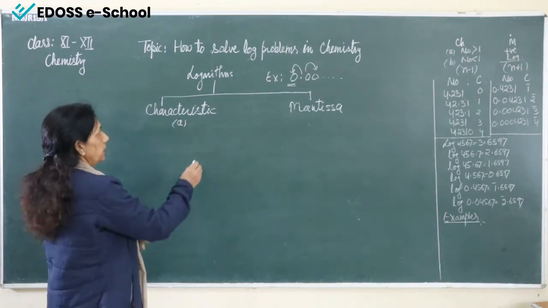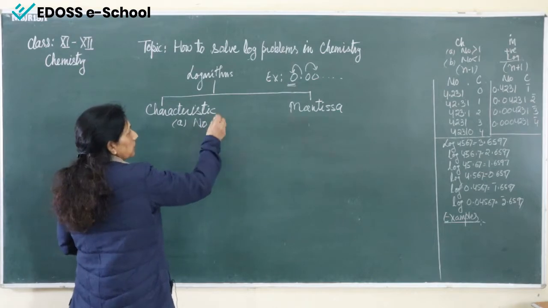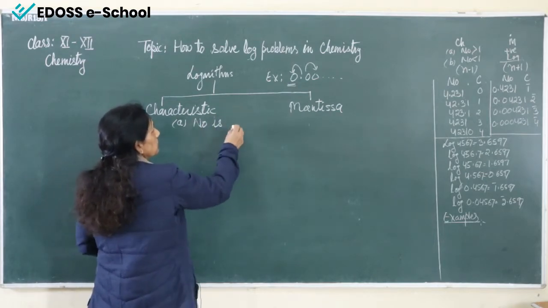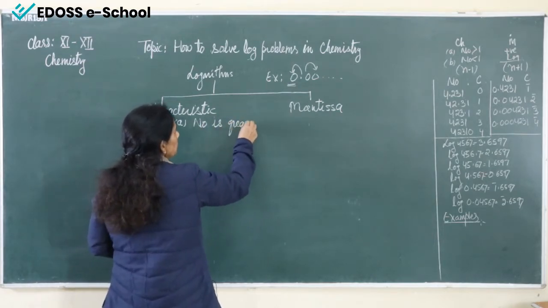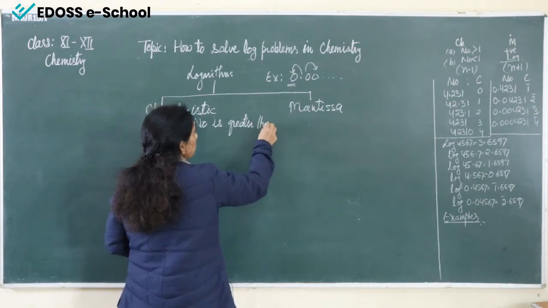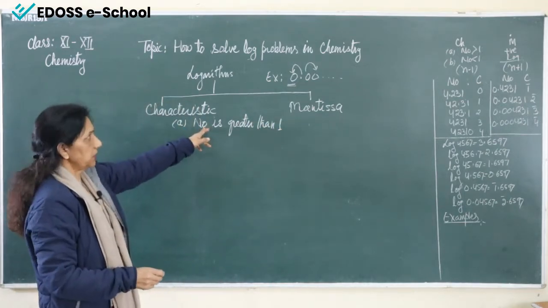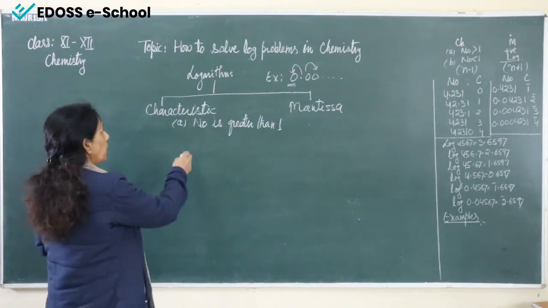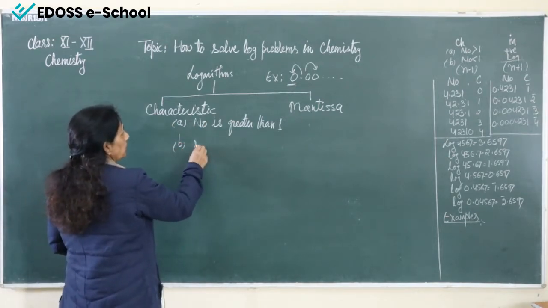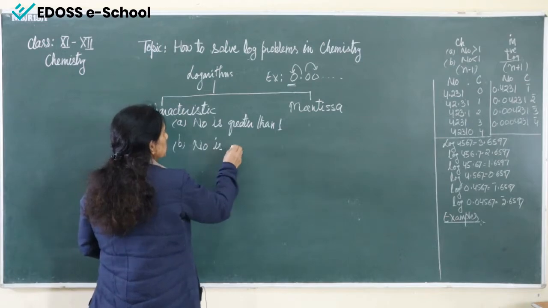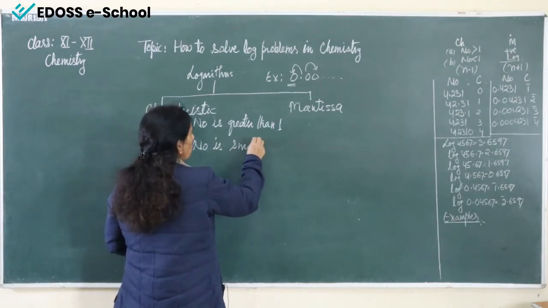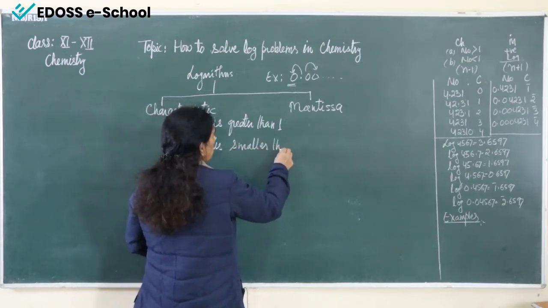First, the number is greater than 1. Either the number will be greater than 1 or in the second case the number is smaller than 1.